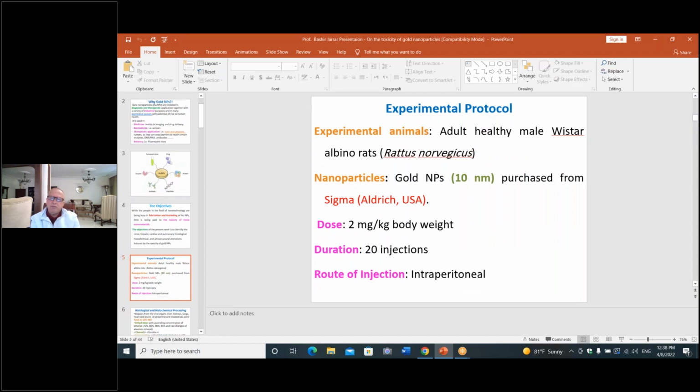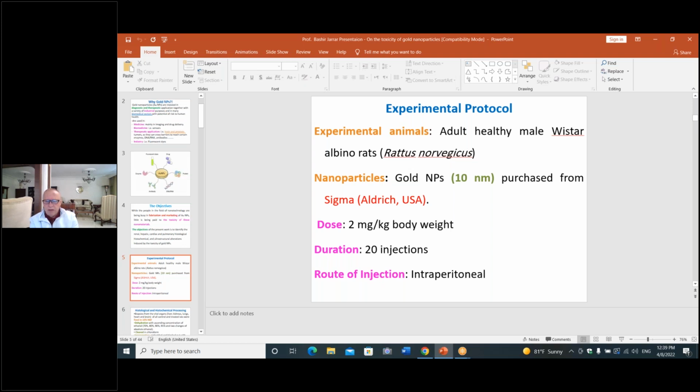The experimental protocol I'm using: I use adult healthy male Wistar albino rats as experimental animals in this project. In addition, I purchased the gold nanoparticles from Sigma Company in the USA.